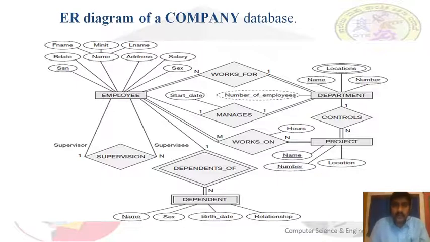In this ER diagram, the entity types such as employee, department, project are indicated in a rectangular box. And the diamond shape symbol denotes the relationship type.